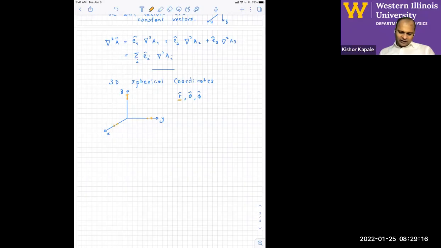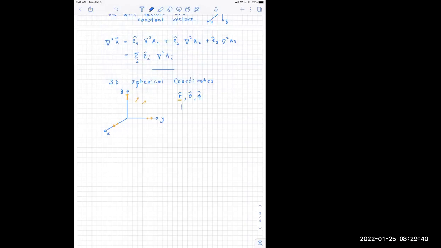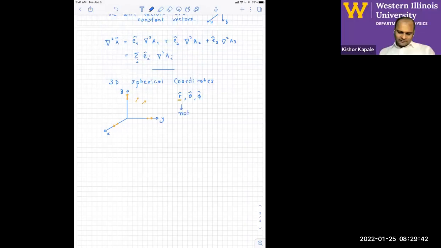So at any point, you join that point with the origin, and then r hat is radially away from the origin. Over here, it's like that. So what can you say about r hat as a field? Is it constant everywhere? No, not constant.